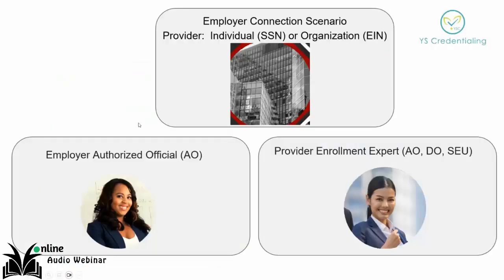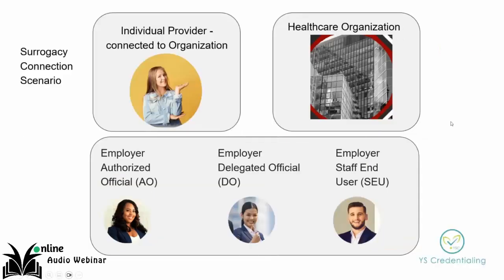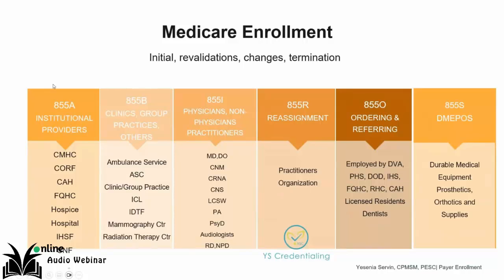As an easy visual if you need to explain it to staff, you would be connected to that employer as a provider enrollment expert. Then the authorized official would be the one who approves or adds everyone who needs to be contacted. With the surrogacy connection, the individual provider will be connected to the organization, and you would do that as an enrollment specialist, or sometimes the authorized official does it, for the CMS applications.